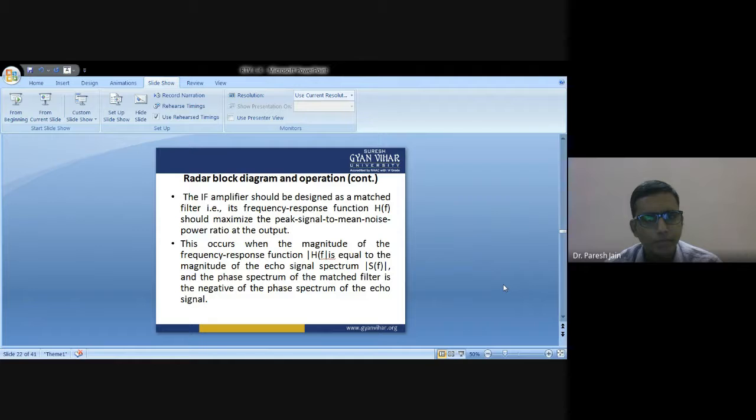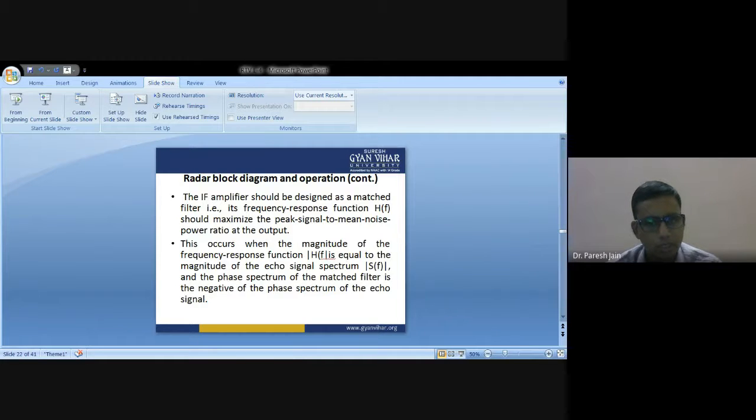The IF amplifier should be designed as a matched filter, that is, its frequency response function H(f) should maximize the peak signal to mean noise power ratio at the output.